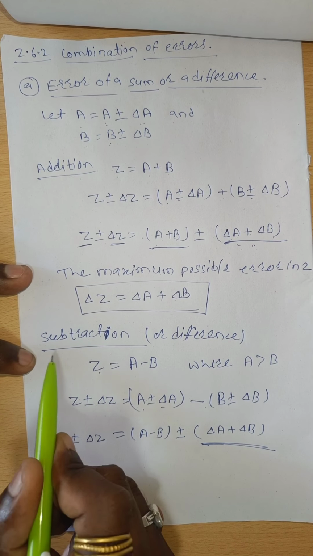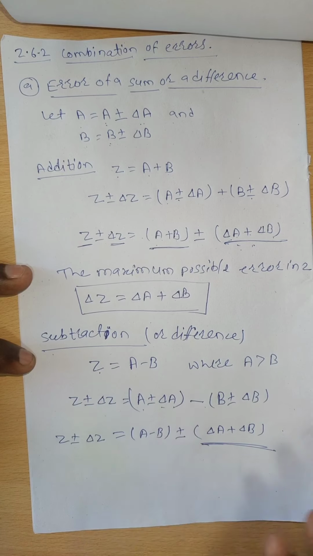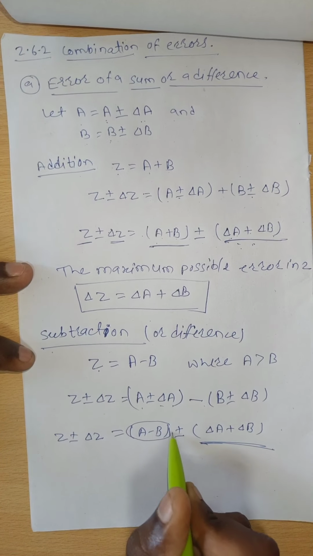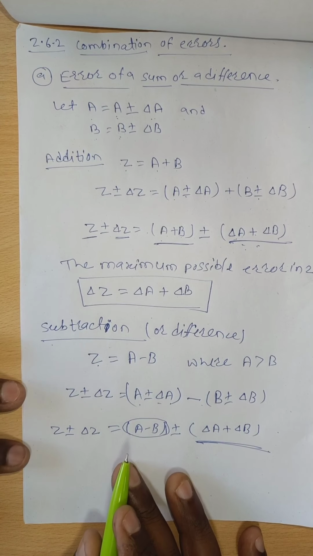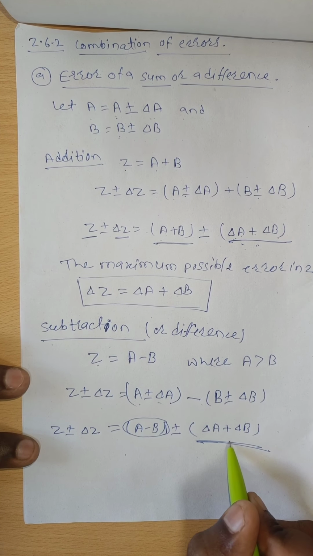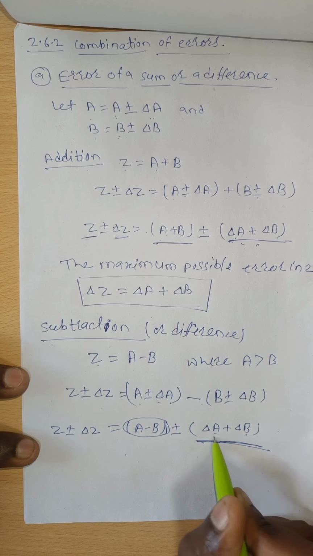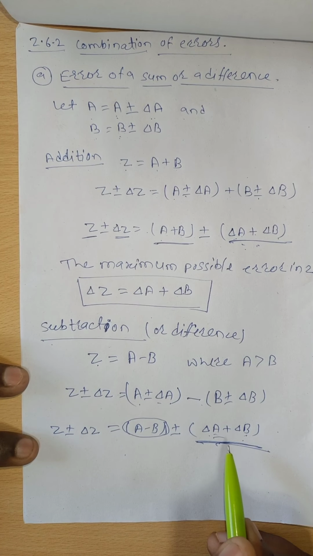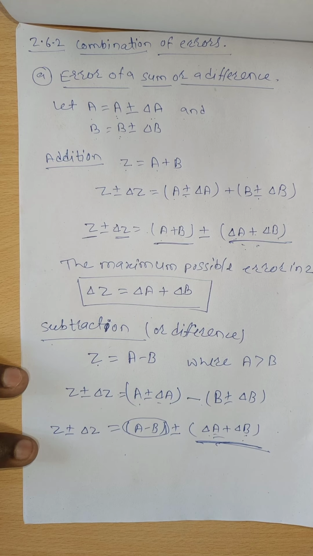While taking a subtraction or difference, you subtract the true values, but you always add their errors. In subtraction also you have to add their errors always.